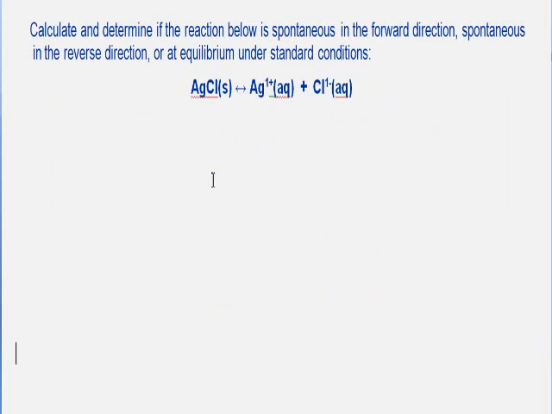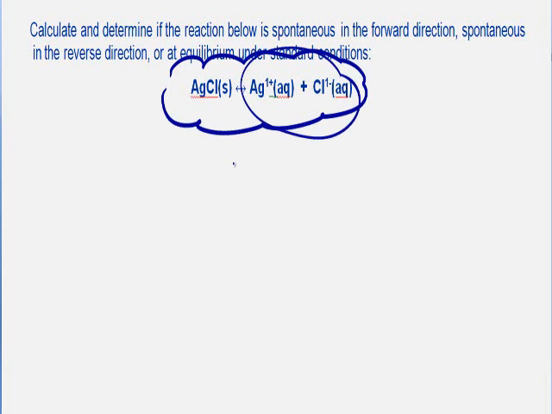Now, that delta G is equal to 0 at equilibrium has several implications for equilibrium type problems. Let's run through an example. In our example problem, we have a saturated solution. Now recall, if there are not enough ions in solution, the reaction would get driven to the right.